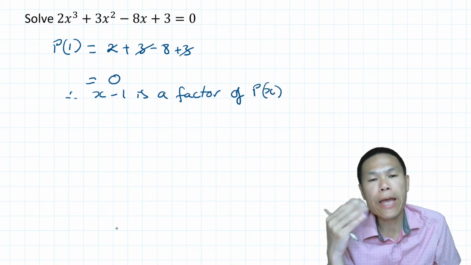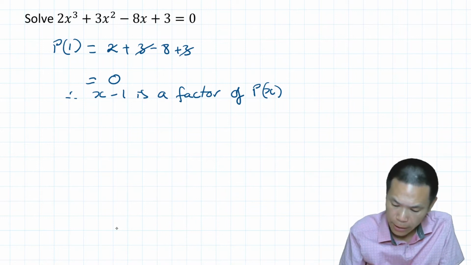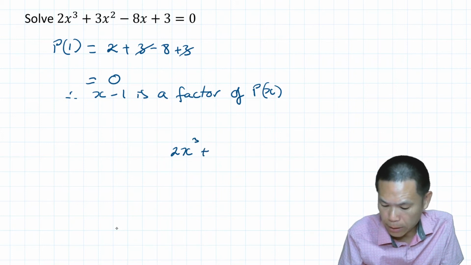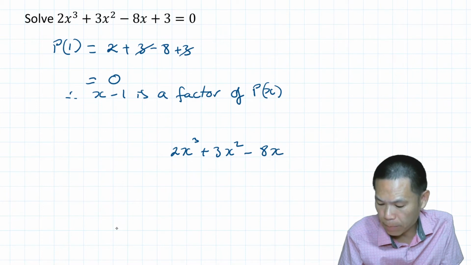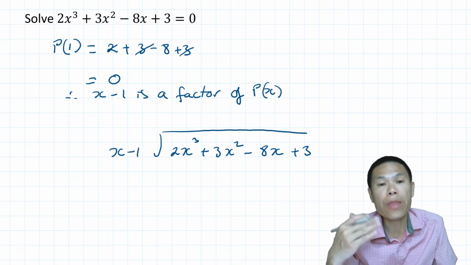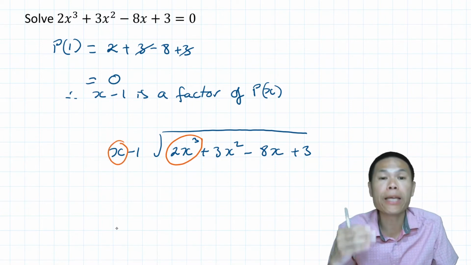So now we just do long division to find other factors. So we have 2x to the power 3 plus 3x squared minus 8x plus 3, and this is divided by x minus 1. Now we just use 2x to the power 3 divided by x.